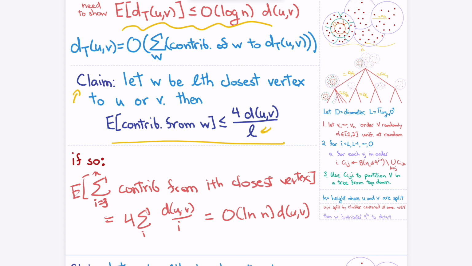So you get the distance times 1 plus 1 over 2 plus 1 over 3 plus 1 over 4 plus 1 over 5, and you end up with log n times the distance overall. For the rest of the analysis, we just said, 10th closest, let's get distance over 10; 20th closest, distance over 20. This is the part that put everything together, with the fixed ordering giving you a log n.